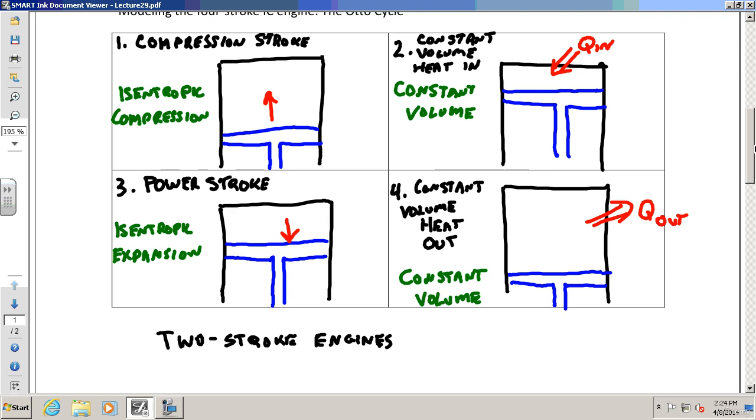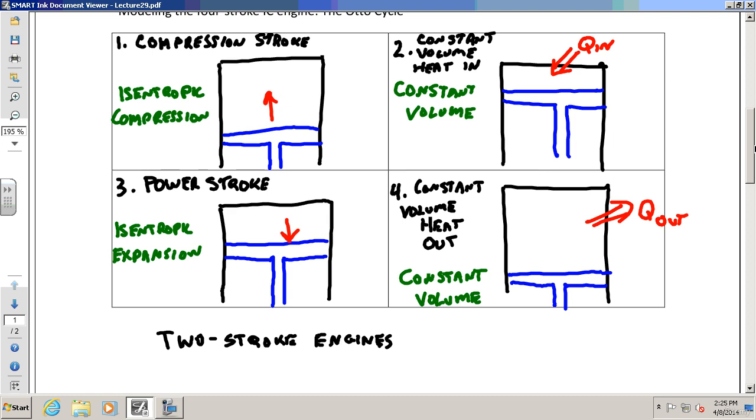And you get more power per weight out of a two-stroke engine than you do a four-stroke. Why? Because half the time you're getting a power stroke. In my four-stroke example, only a quarter of the time are you getting a power stroke.